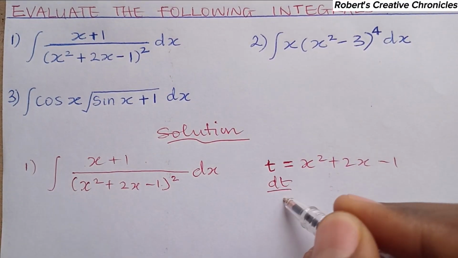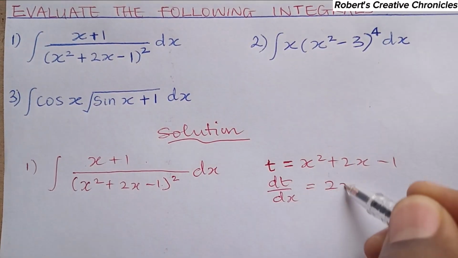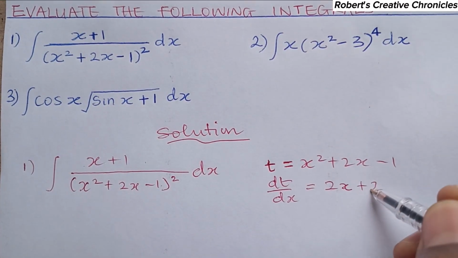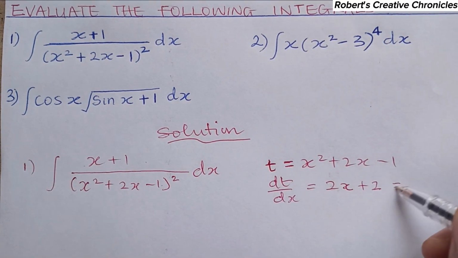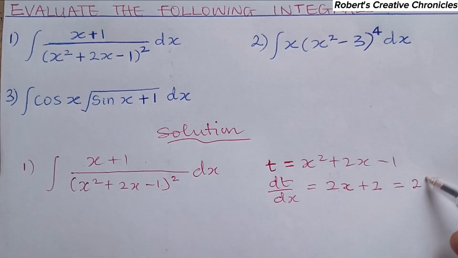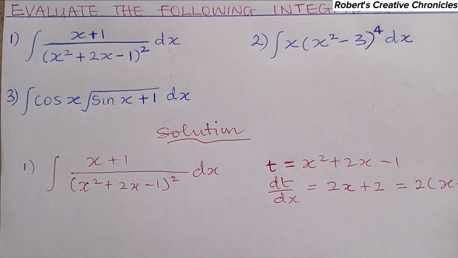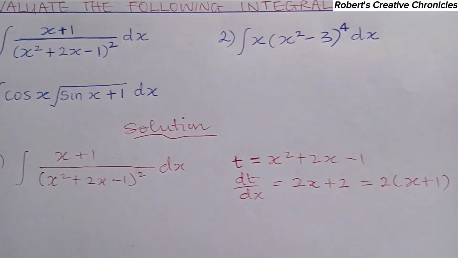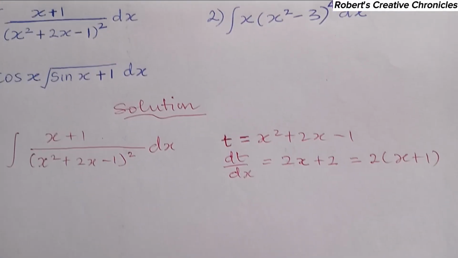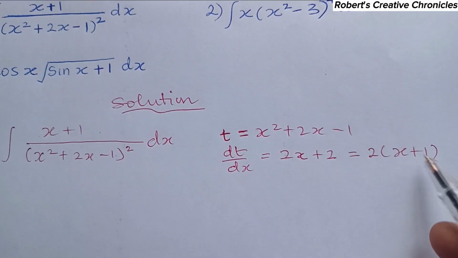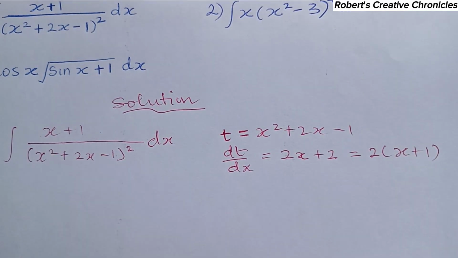So dt over dx is what? 2x plus 2. Now if you factorize, this becomes 2 times x plus 1. You can see that x plus 1 can cancel this x plus 1.